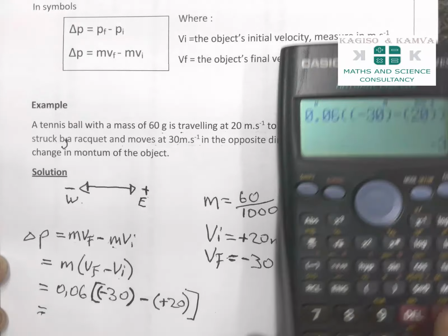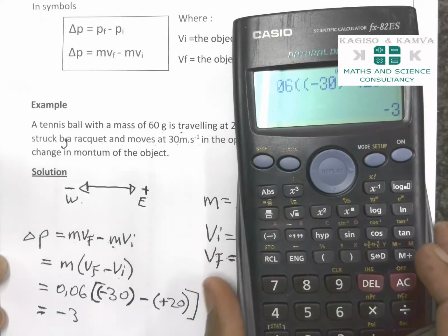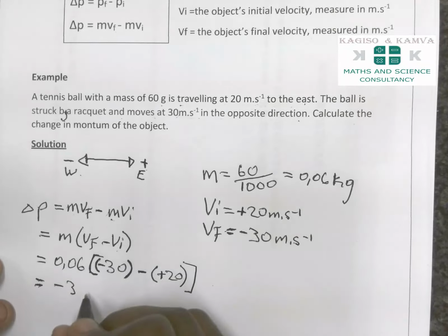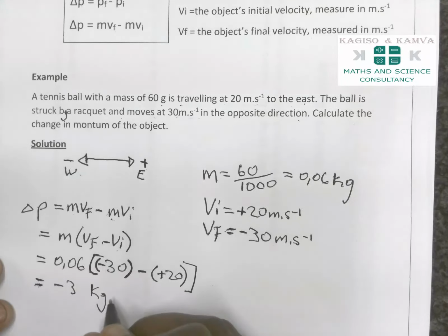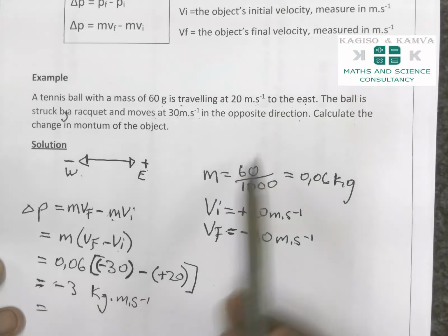We get the change in momentum as negative 3 kilograms meters per second. What does this mean? Negative means the change in momentum is in the opposite direction.